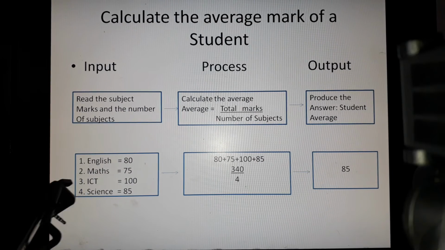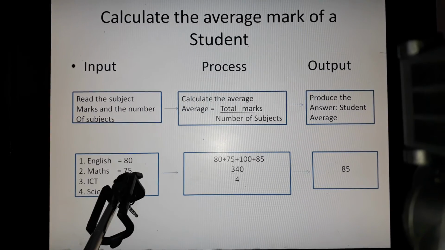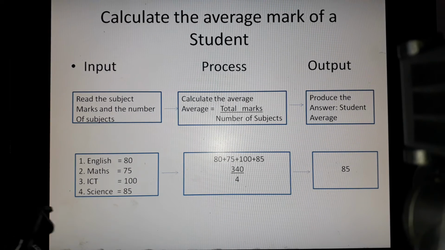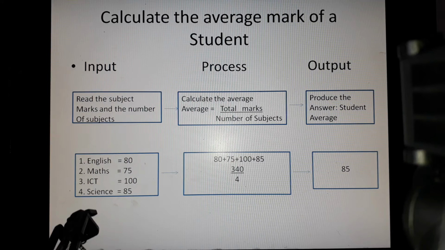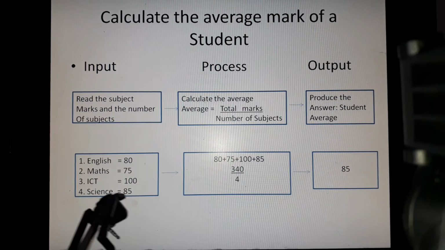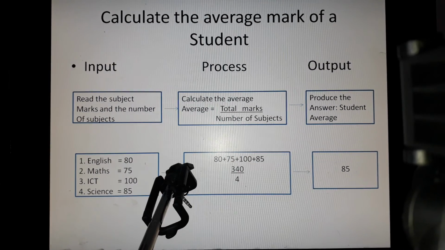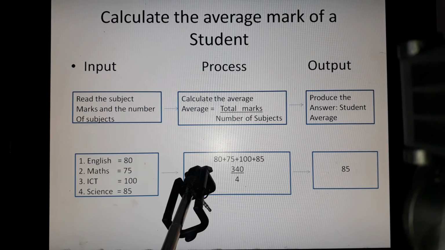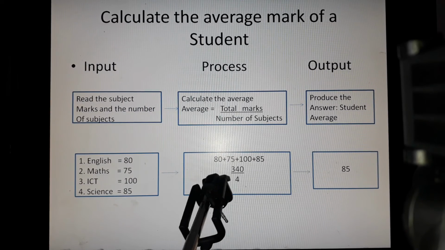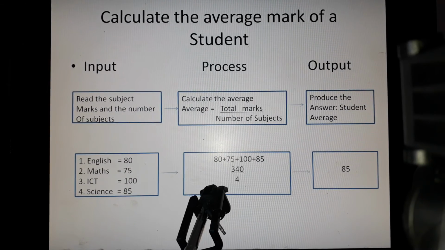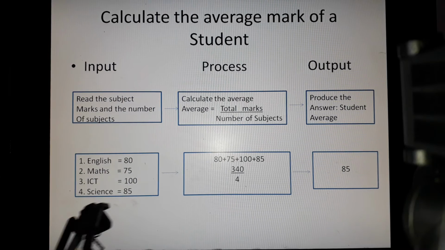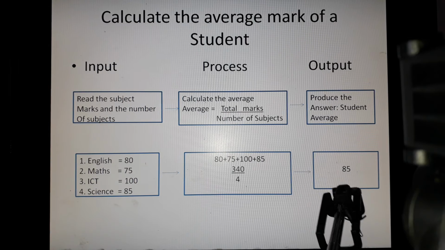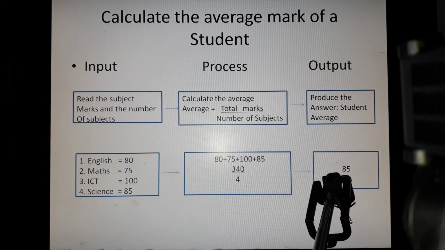For example, English 80, Maths 75, ICT 100, Science 85. What we have to do is calculate the subject marks total, 340, and divide it by the number of subjects, 4. Average 85. The answer is 85.